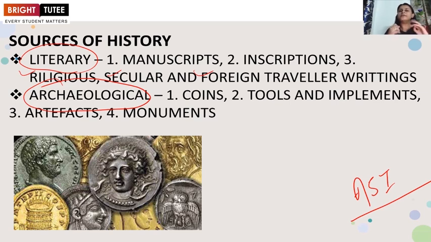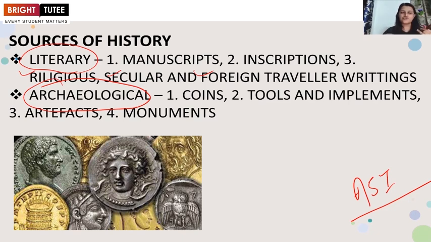Then we have secular writing. Now, what is the meaning of secular? Writings which are not religious. Those writings are called secular writing, like the writings of any poem, plays, or as I have mentioned about Kautilya Chanakya, the polity book, that is not part of religious. So we consider it as a secular writing.